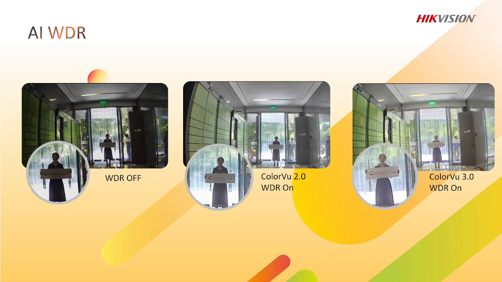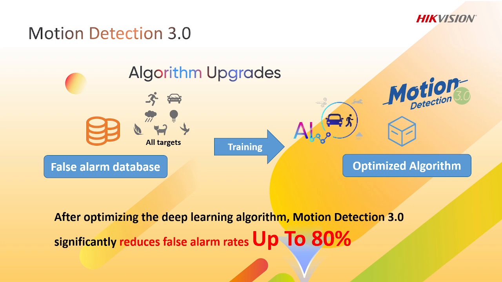So WDR will actually suppress the external light and give you colored images. So it's called wide dynamic range because it enhances the dynamic range of light, suppressing outside light and giving you colored images, and you can even see much clearer images.